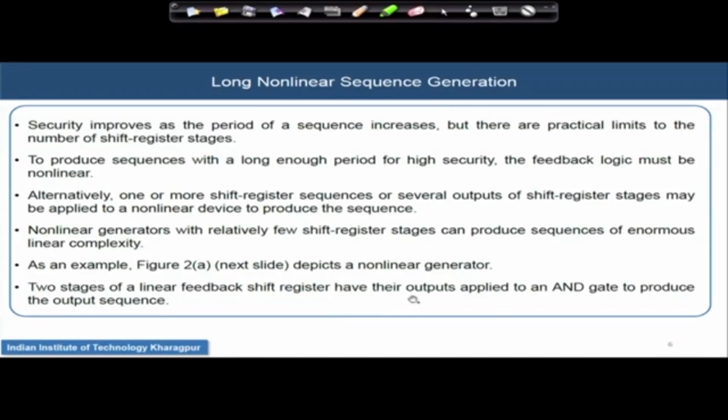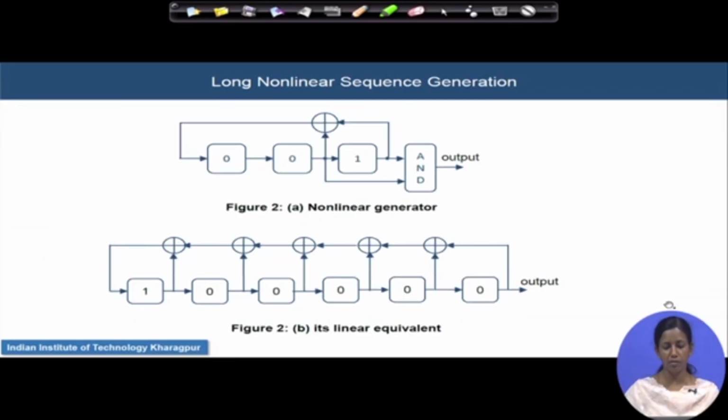We will see both structures, where multiple output stages are fed to a nonlinear device. Here we have taken an example where we feed them to an AND gate to produce the output sequence. This is the circuit. A nonlinear generator is shown in figure 2a, where we have 3 stages.